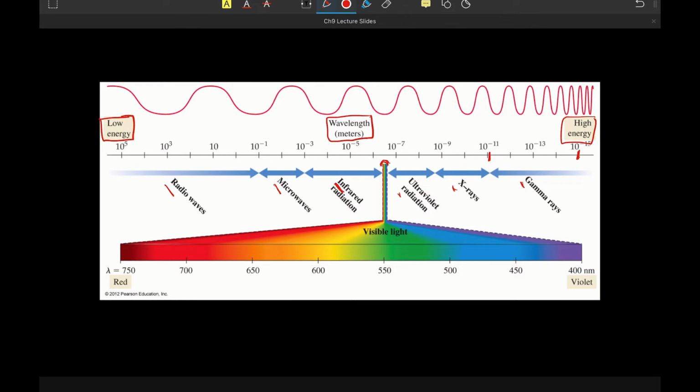In terms of remembering how the spectrum is organized, you get your gamma, X-ray, ultraviolet. Ultra is a prefix meaning beyond, so ultraviolet means beyond violet. Here's violet, the first part of that visible spectrum. Then we've got infrared, infra meaning below, right next to the color red.